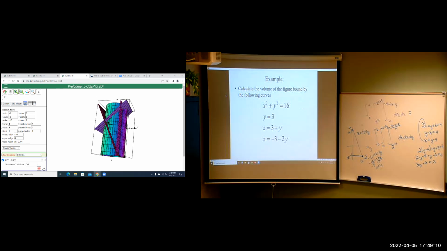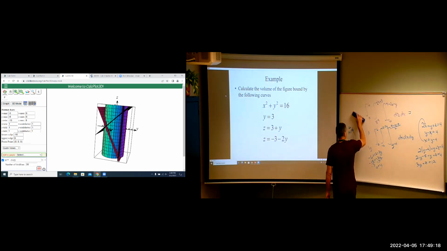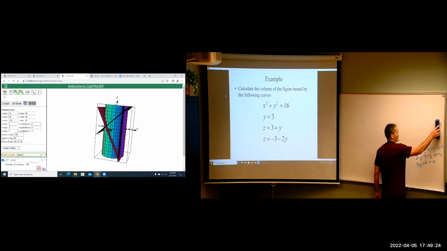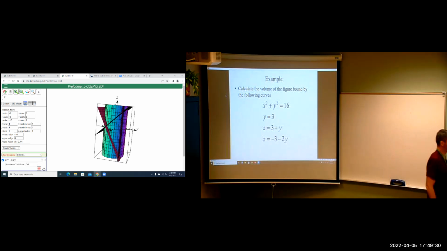So start to think about what you might want to do first while I give us some space. This stuff is new for you guys, but eventually you will get to the point where you look at something like this and think, oh, I know where I want to start. So let's look at this region. And you might even know where to start just based off of our equations here.